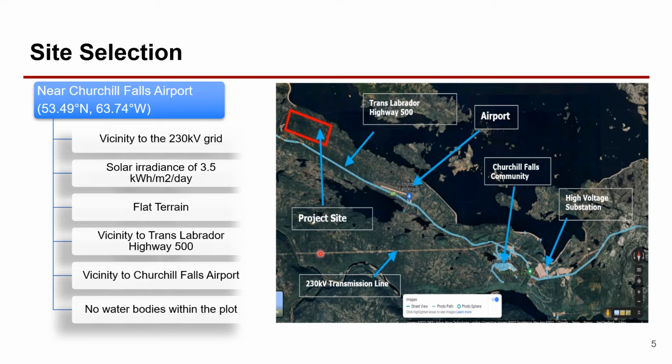As we can see, it is close by to the 230 kV transmission line, and it is near to the Trans Labrador Highway 500 as well as Churchill Falls Airport. The terrain of the project plot is flat, which is again underpinned by the existence of Churchill Falls Airport.